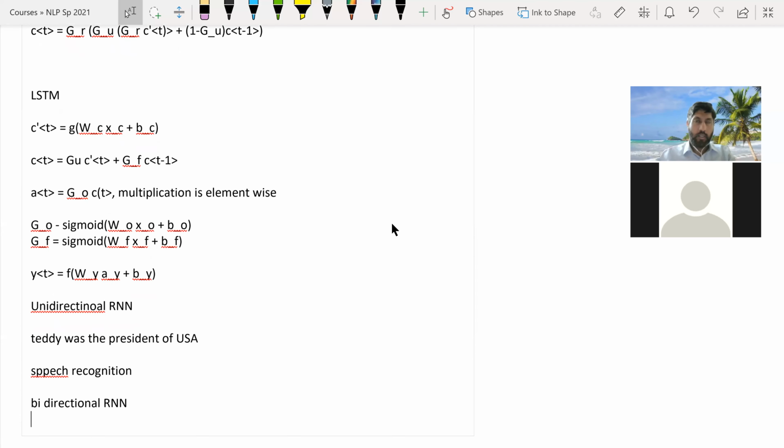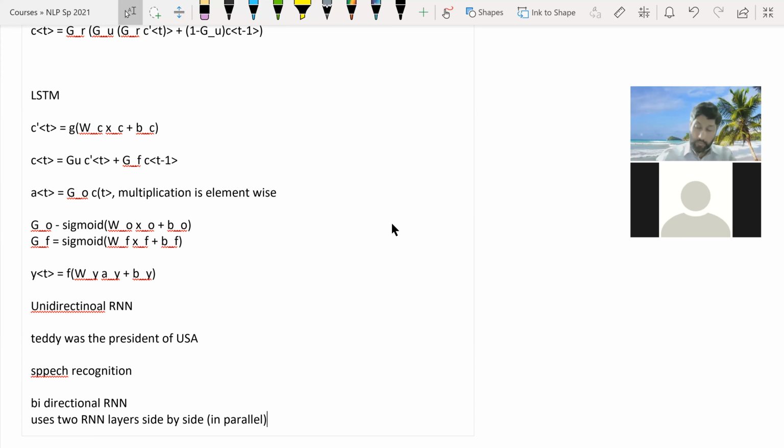So a bidirectional RNN uses two RNN layers side by side, or in parallel, not stacked one after the other, but side by side. So the input is processed, one processes information from left to right, the other from right to left.